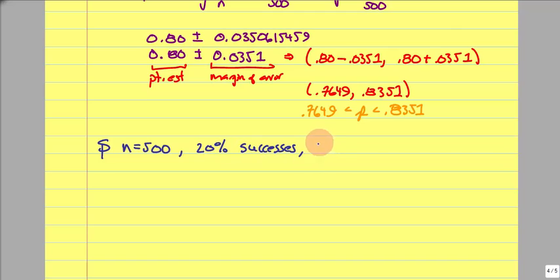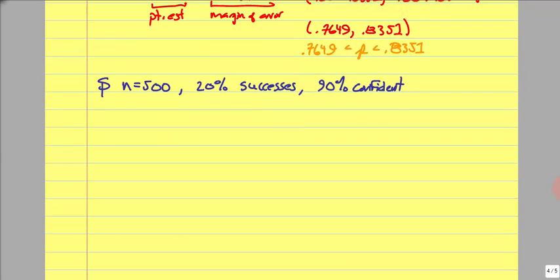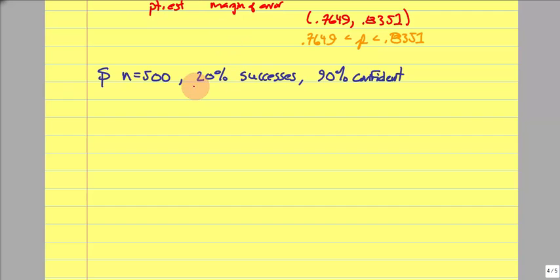And we want to be, let's say, 90% confident. So we asked 500 students if they were going to purchase a new cell phone within the next year, and 20% said they were. Okay, so this is going to be our value for p hat. It was given to us outright. We didn't have to calculate it. So this is p hat.